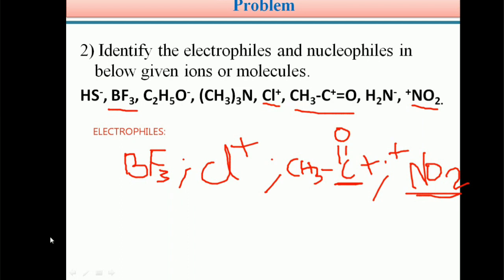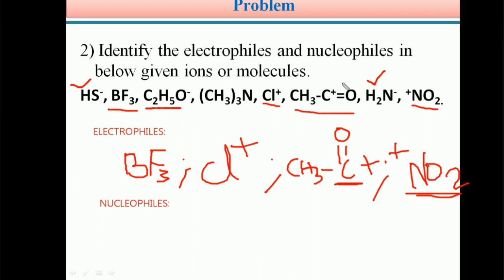Next, nucleophiles. In the given list of ions or molecules, we can identify nucleophiles. Students, we know a nucleophile is one which attracts nuclei, or attracts positive charge. Therefore, a nucleophile should have a negative charge, or a nucleophile will have a lone pair of electrons. So in the given list, the negatively charged species are SH minus, thiol anion, OEt minus, and NH2 minus.